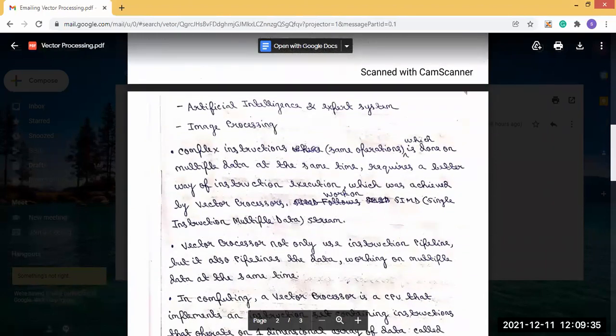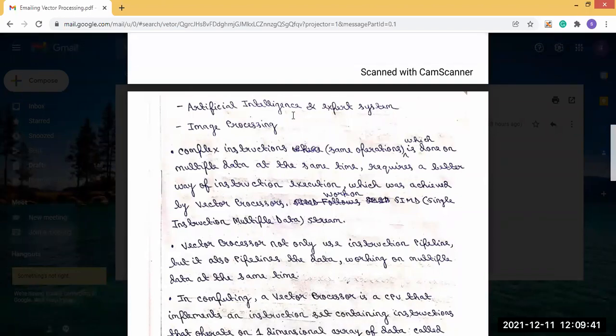Another is artificial intelligence and expert systems. For image processing, we require that. Here a complex instruction is executed on multiple data at the same time. That means the instruction is complex, and the operation is performed on multiple data at the same time.